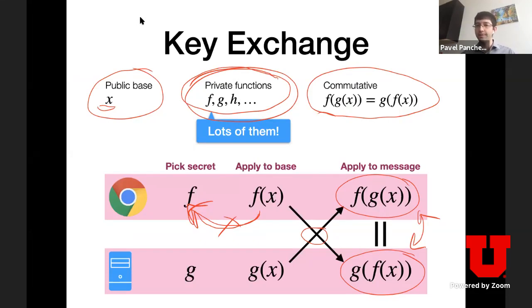If you do a bad job, it might turn out that, for example, for half of the private functions you can't go from F of X to F, but in the other half, you somehow can, and that'd be bad. Or, these functions could be of the form that you can invert them, though I don't mean inverting the function going from F of X to X. I mean going from F of X to F, which is kind of this weird thing. So the hidden subgroup problem, that's one way in which this sort of thing can break.